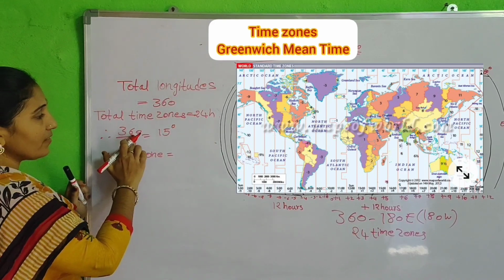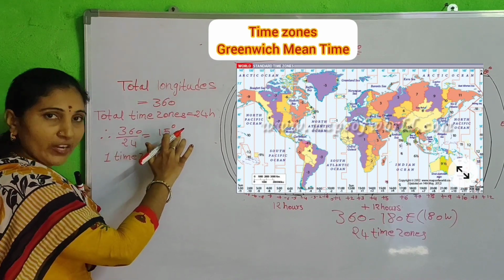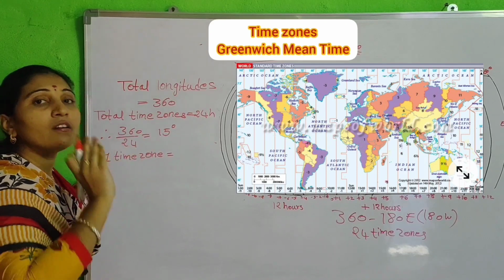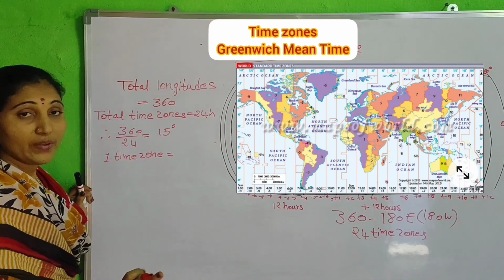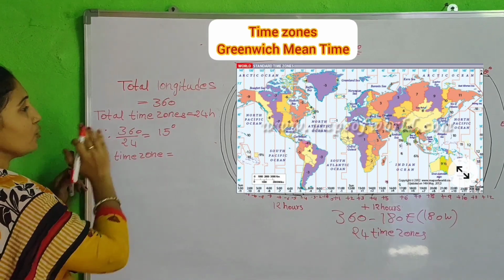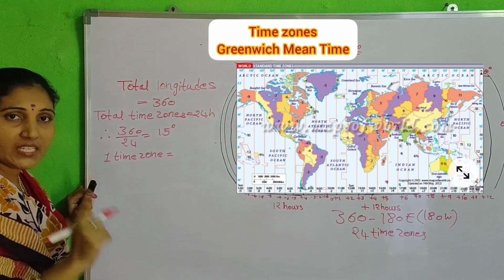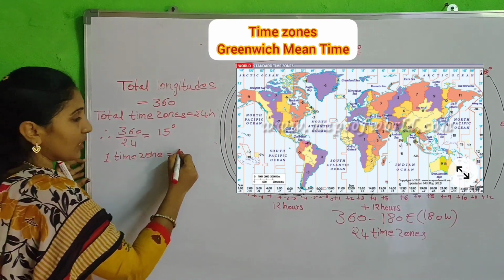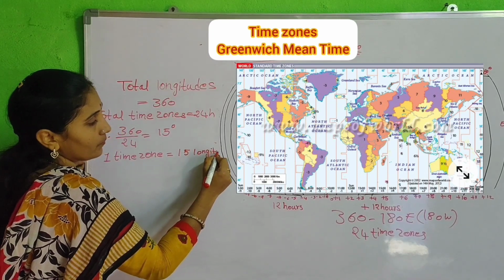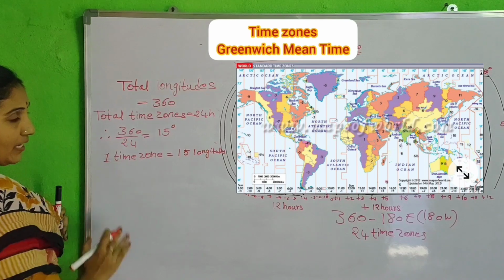When we divide 360 longitudes by 24 hours, we get 15 degrees. Here 15 degrees is nothing but 15 longitudes. So total time zones are 24, and one time zone is equal to 15 longitudes. Till here it is very clear.